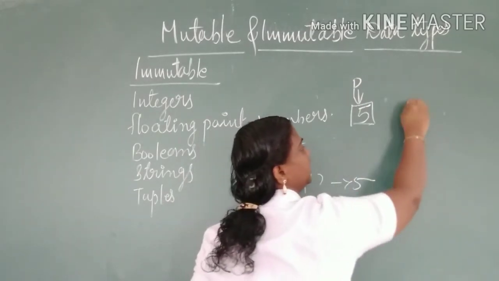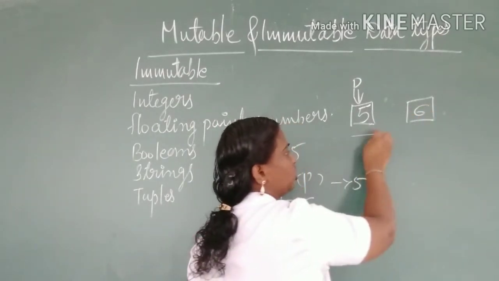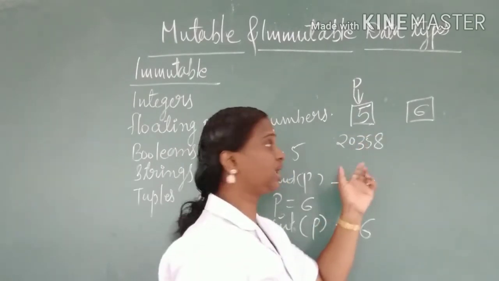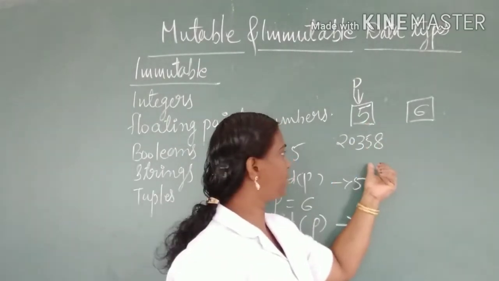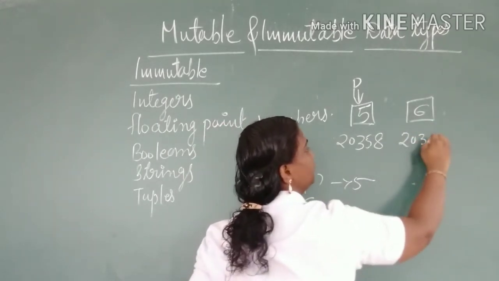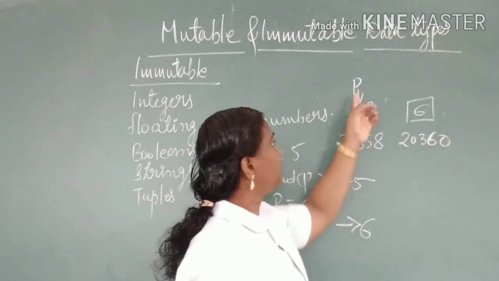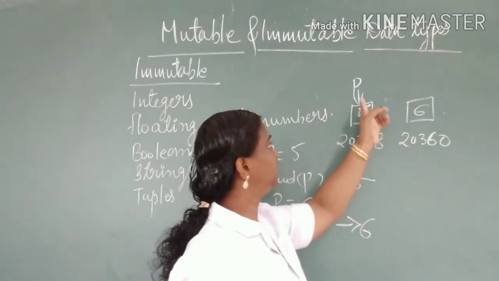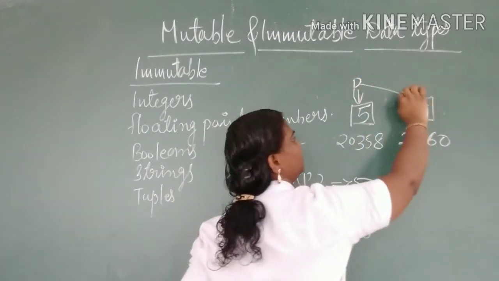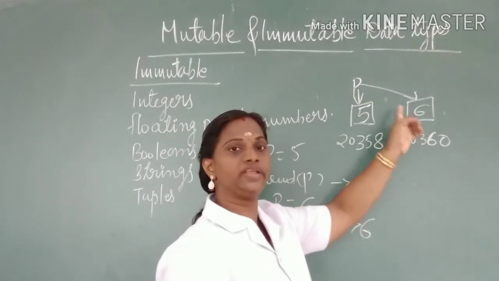So when you give one more value, suppose this location's memory number is 20358, and here 20360. So p is equal to 5 means this p is pointing to this one. When you use this statement, this p is pointing to 6. Instead of pointing to this value, it points to 6.